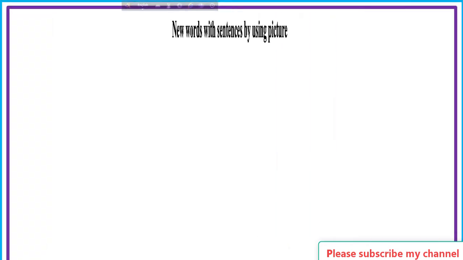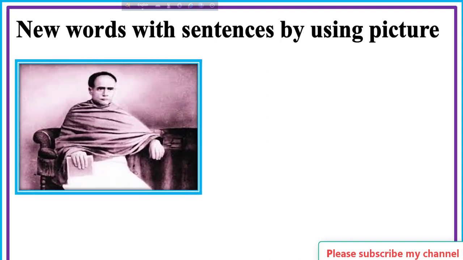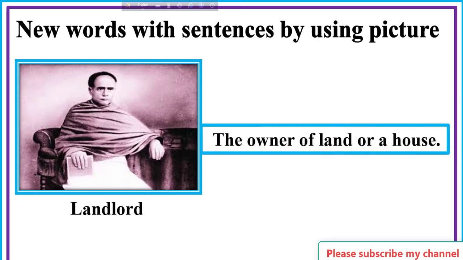Some words for you. Everybody watch this very carefully. You can see a picture. He is a landlord. Landlord means the owner of land or a house. Who has a lot of land is called a landlord. Suppose Brojo Kishore Paramanik was a landlord.